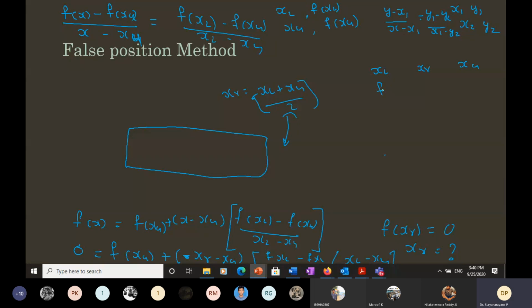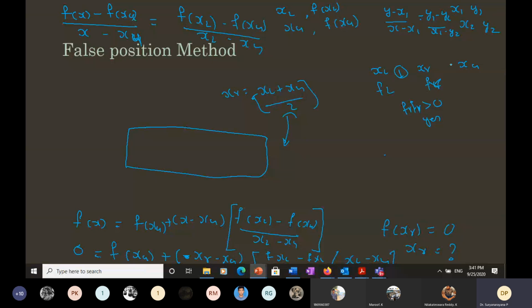Now I'm comparing FL and FR, whether the product is greater than 0. If it is yes, if the product is greater than 0, that means either both of them are negative or both of them are positive.